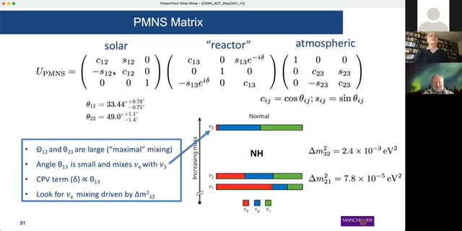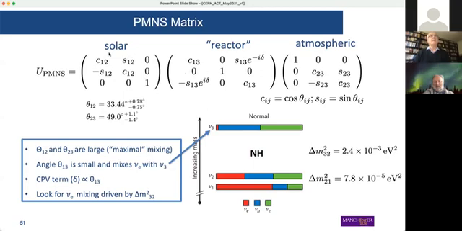So the way it was decomposed is that we have this part of the matrix, which is the mixing between the first and second mass eigenstates, and then this one, which is between the second and third.